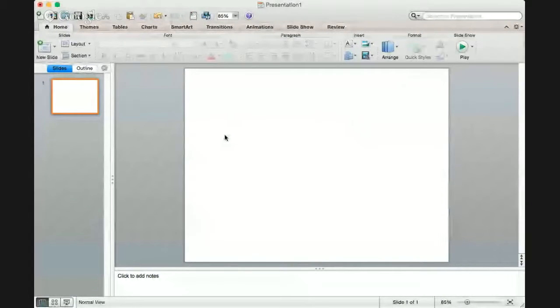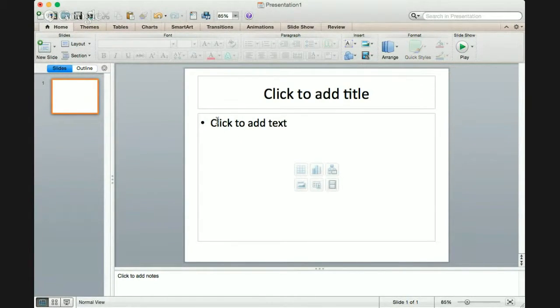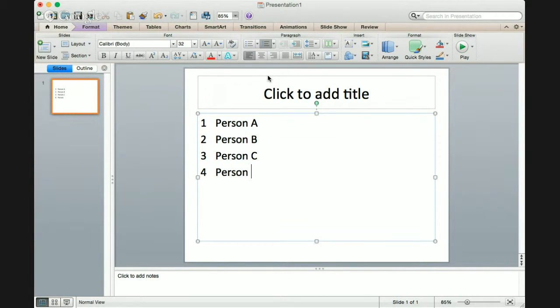So let's say we had a competition with, I don't know, 4 people. Why not 4 people? So person A, so this doesn't get confusing, person B, person C, person D, and then person E. Actually, I have a better idea here.